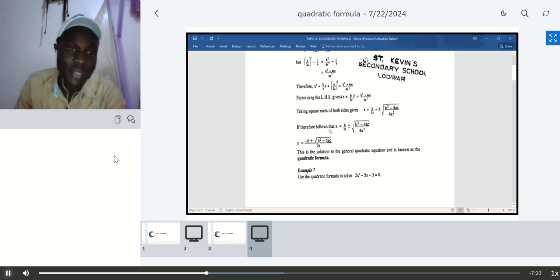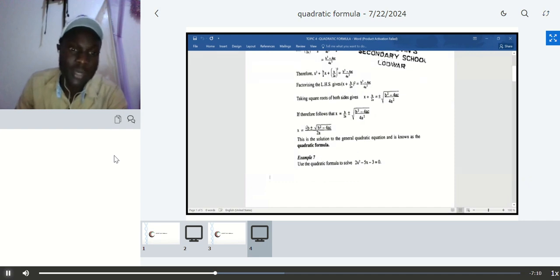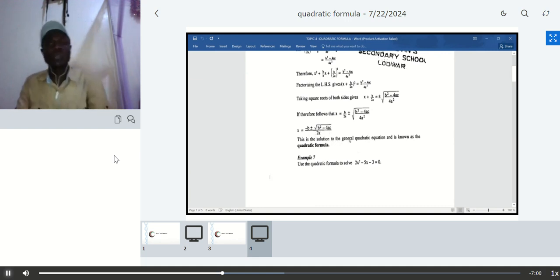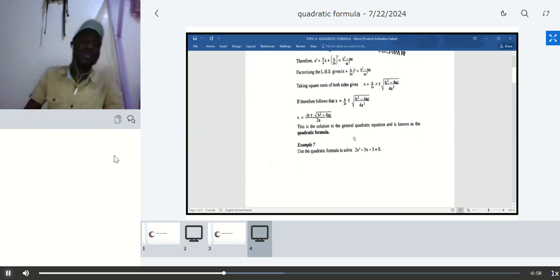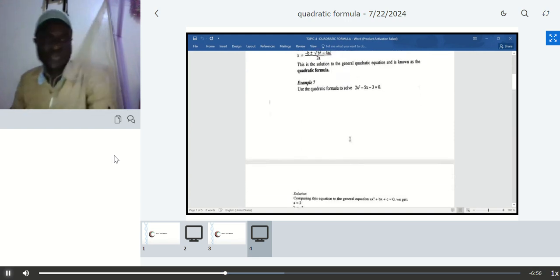It therefore follows that x is equal to negative b over 2a plus or minus the square root of b squared minus 4ac over 4a squared, so our x will be negative b plus or minus the square root of b squared minus 4ac over 2a. This is the solution to the general quadratic equation and is also known as the quadratic formula.